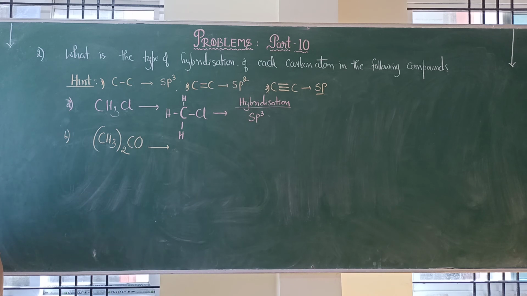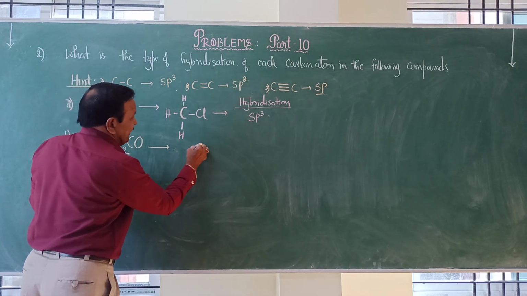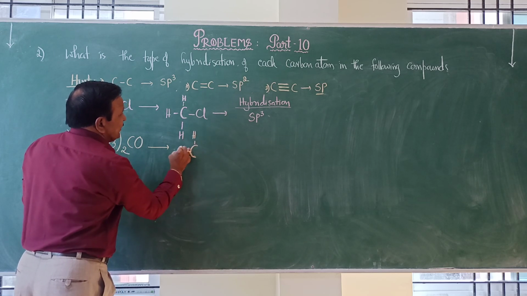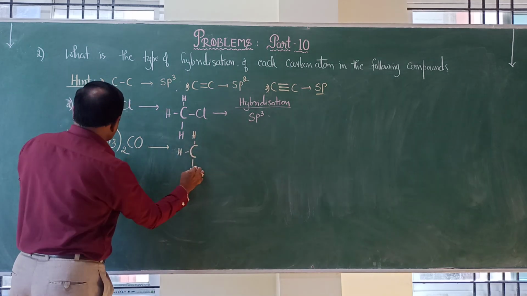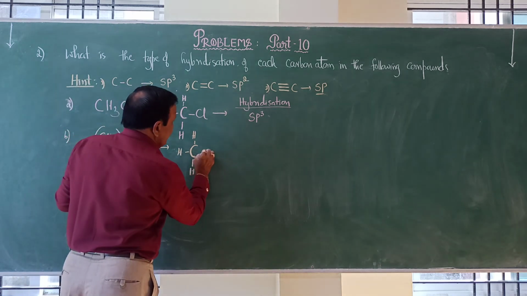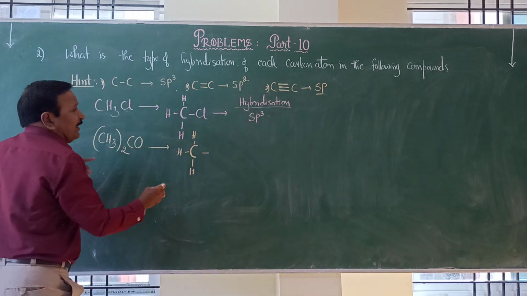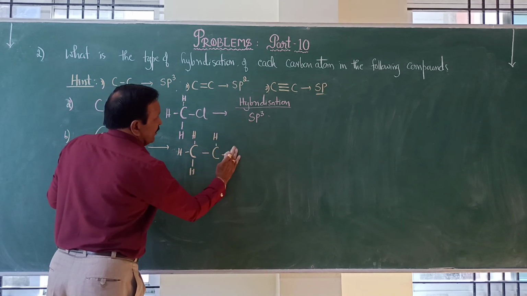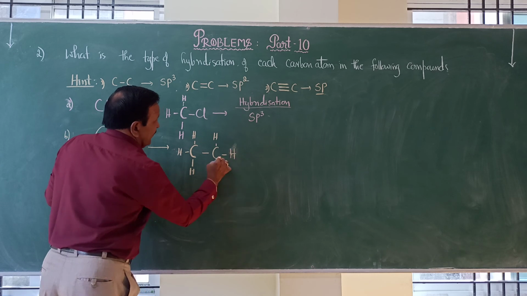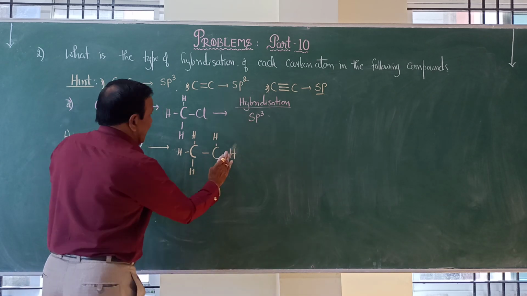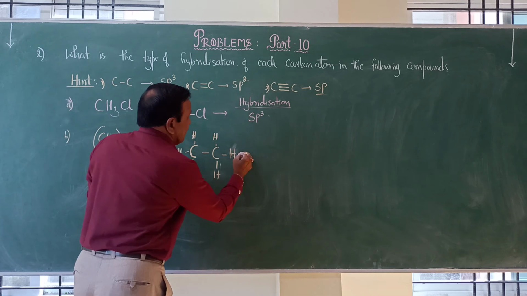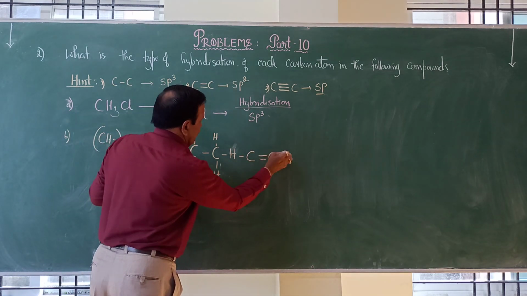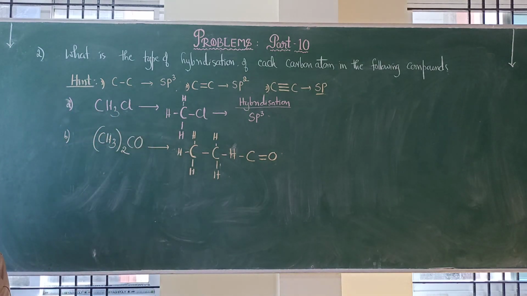CH3 twice CO will be CH3, and again we get CH3, and this will be C double bond O. So C double bond O.